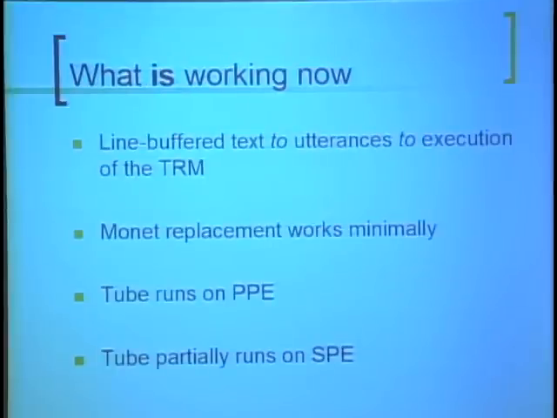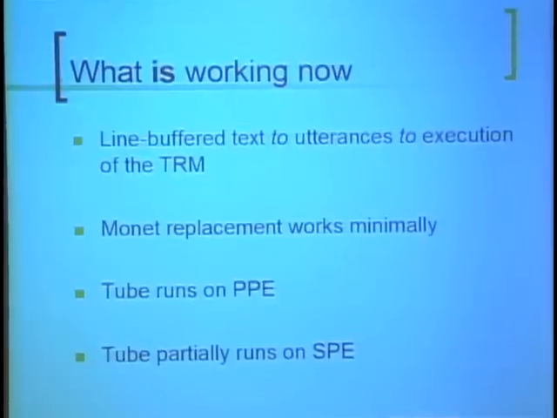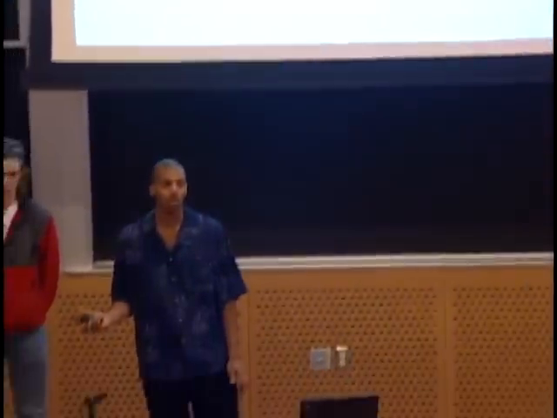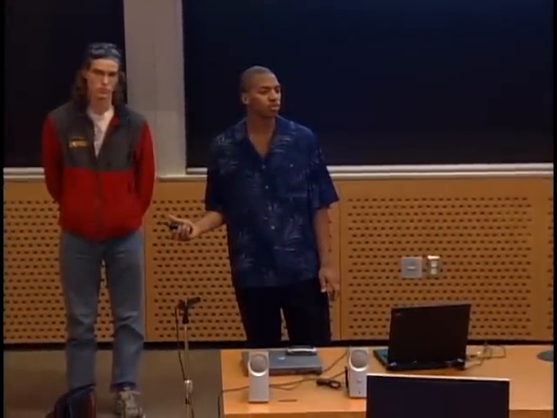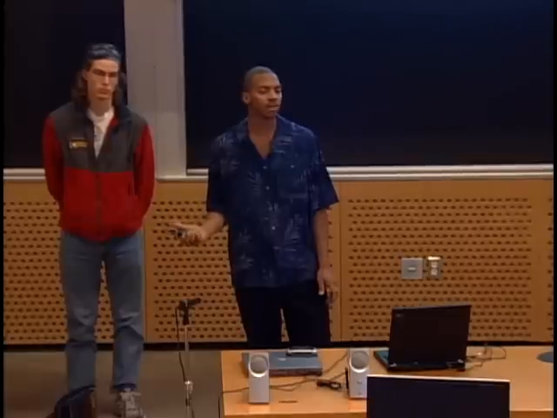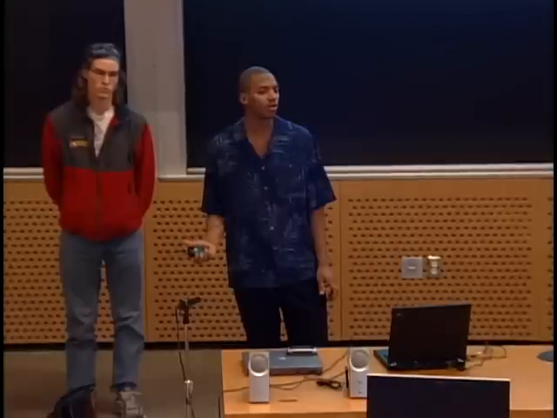So what is working now, we are able to do line buffered text in the NewSpeech engine and translate that to utterances, so the phonetic pronunciations, and get to the point where we would execute the tube model. Unfortunately, a bug in NewSpeech potentially is preventing us from properly executing the tube model right now.